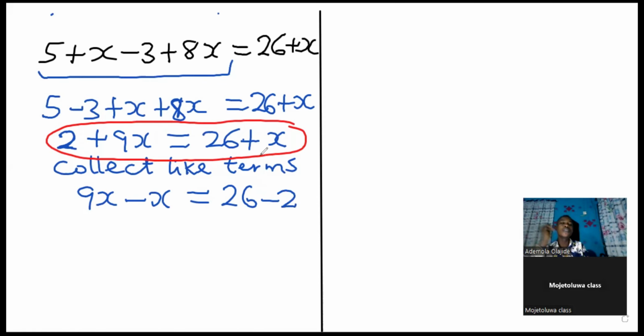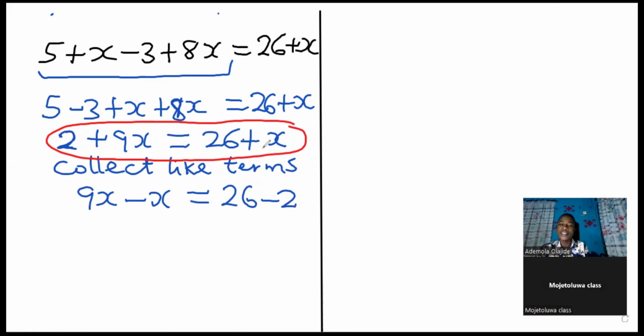I told you, when you leave your country to another place, the moment you jump over this equal sign, the sign you were coming with will change. If you're coming with positive, it changes to negative; if you're coming with negative, it changes to positive.